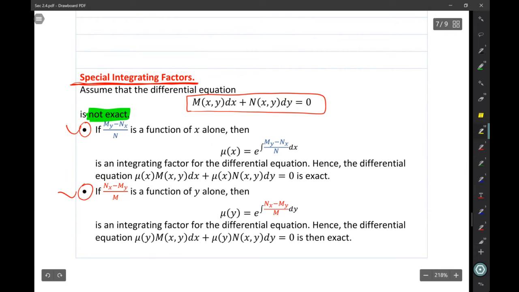If m sub y minus n sub x divided by n is a function of one single variable x, then you will take the integrating factor mu of x to be e to the power of the integral of m sub y minus n sub x divided by n with respect to x.